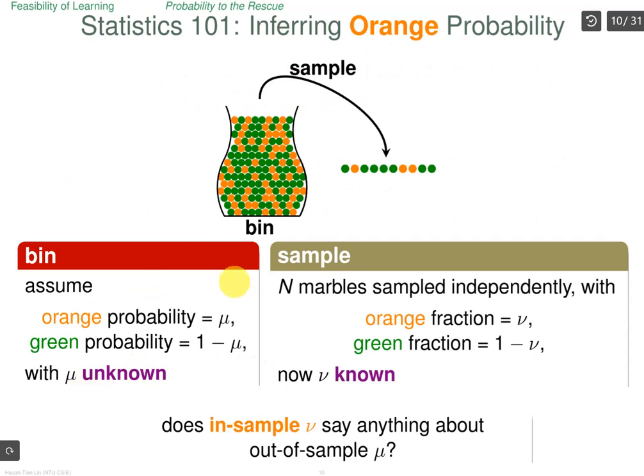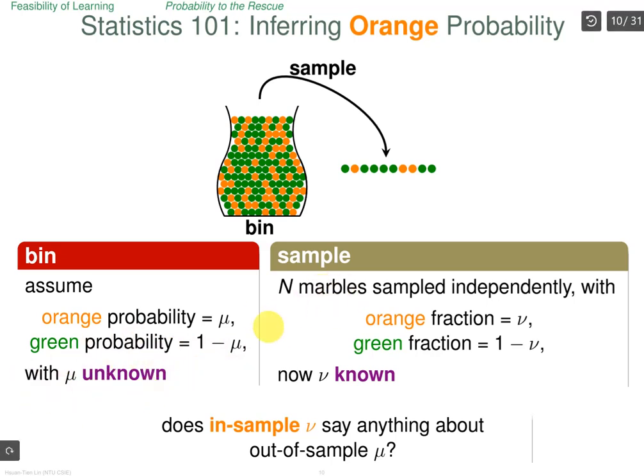For that, we perform a simple experiment. We have a bin, we take a sample out of the bin and repeat this procedure several times. Now, let's assume the orange probability is equal to mu. Then the green probability will be 1 minus mu, with mu unknown.